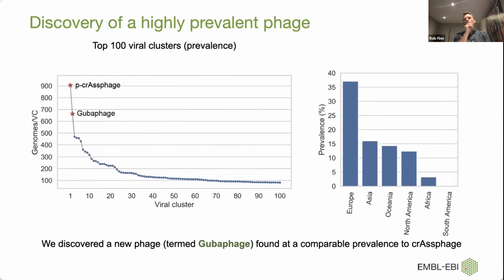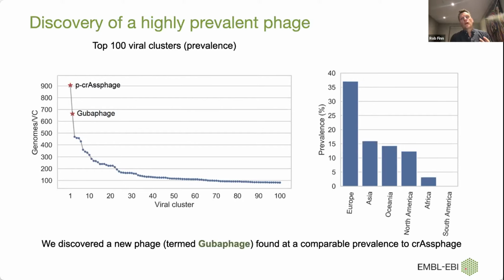When we look at the prevalence of this in different continents, what we find is that it's most common in Europe, then Asia, Oceania, North America, Africa, and South America, descending down. But one of the points is you have to balance that out with the relative numbers of samples coming from there.